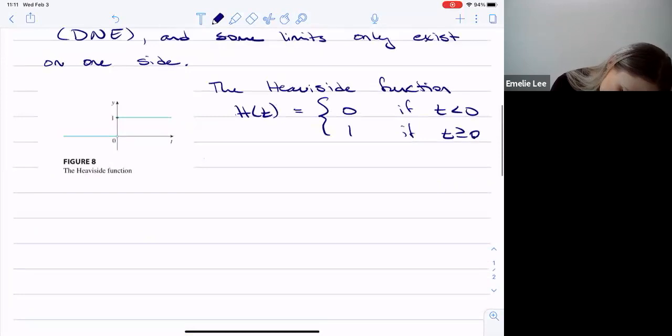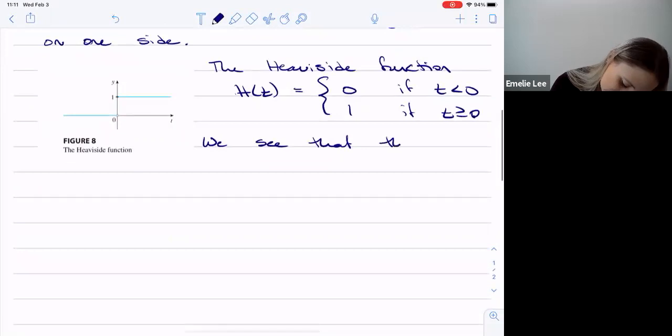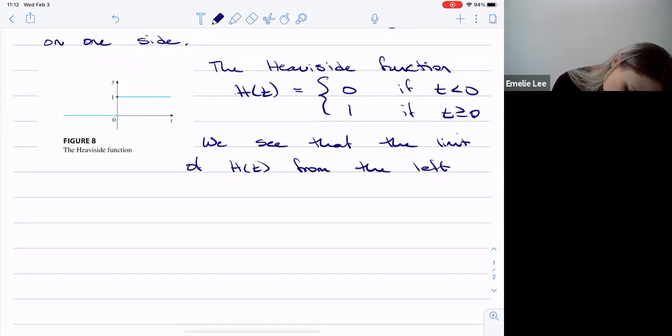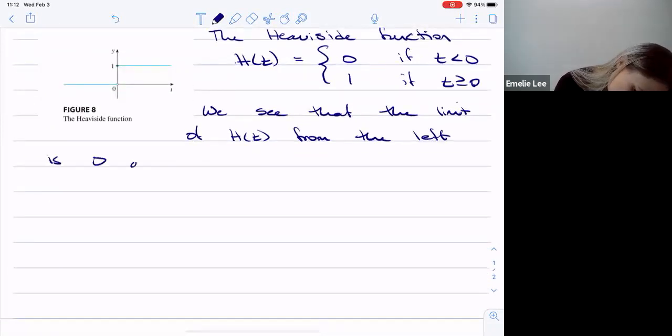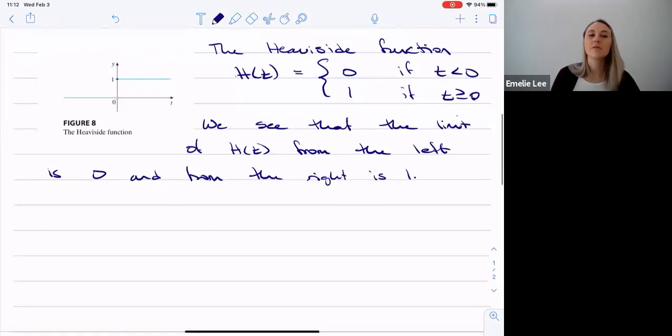And we see that the limit of H of t from the left is 0, and from the right is 1, right, from the graph. Often it'll be easier if we have the graph to figure out what the limit is, and especially in this case.